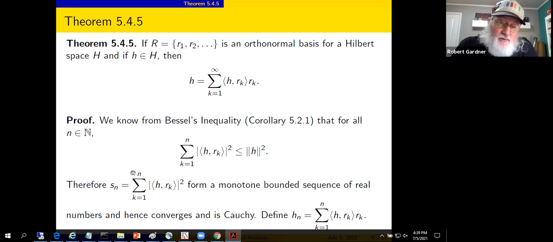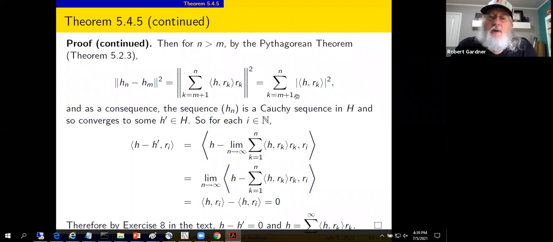This sequence with these terms converges. So it's Cauchy. Well, if it's Cauchy, then if I were to take S sub n minus S sub m, we get something we could make small by making n and m sufficiently large. In fact, we get this right here. If we took S sub n minus S sub m, we'd get exactly this.